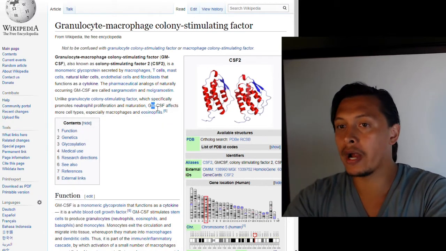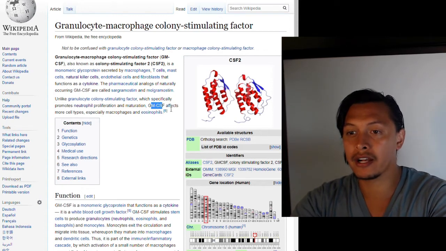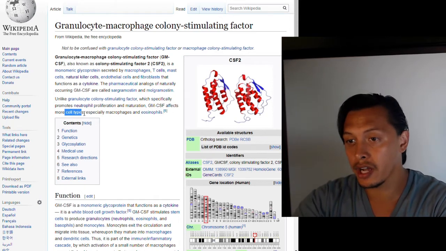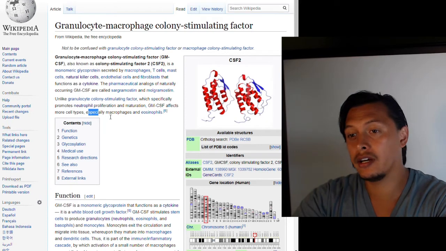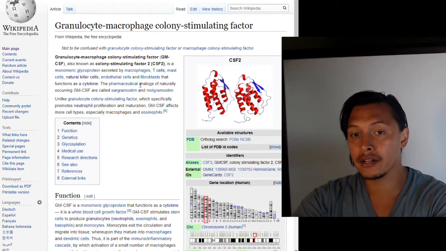However, this granulocyte macrophage colony stimulating factor affects more cell types, and that is especially true for the macrophages and the eosinophils. So this GM-CSF is more broad than the neutrophils.